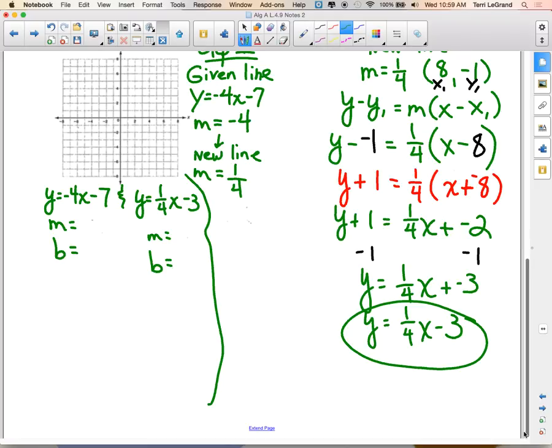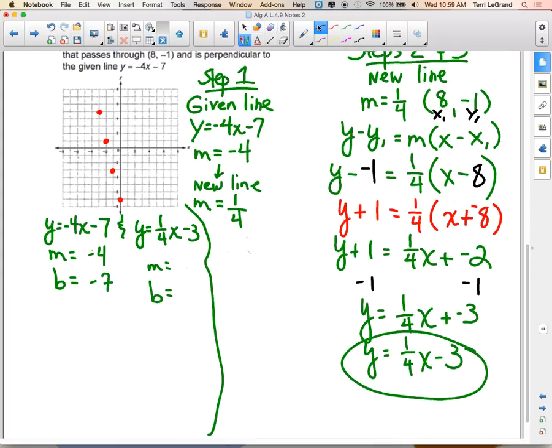So graph one at a time. And when I say graph one at a time, that means draw the line and everything. Do not even think about moving on to the other one until you not only plotted the points, but also drawn a line through them.